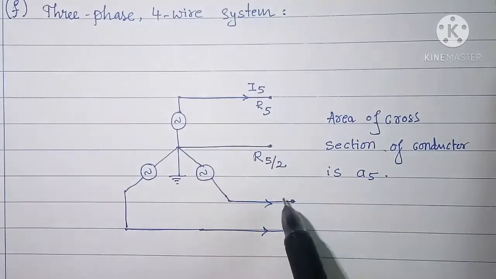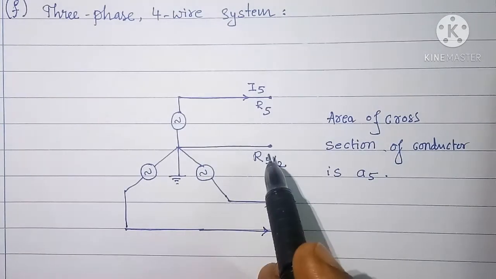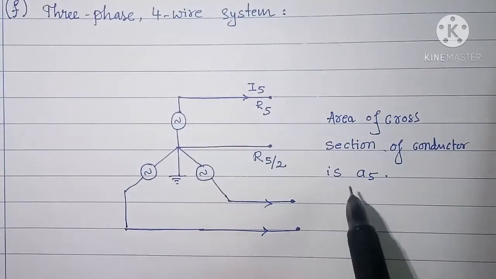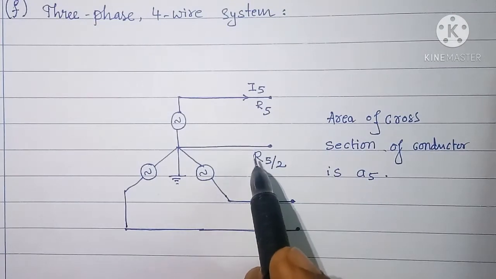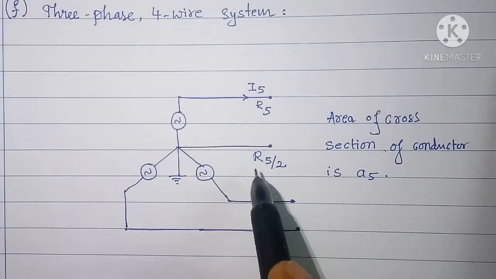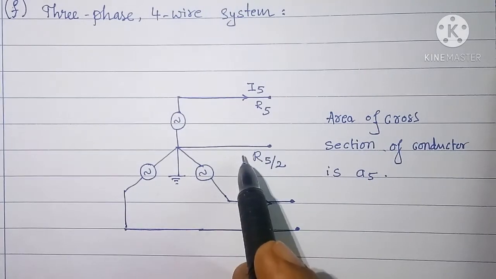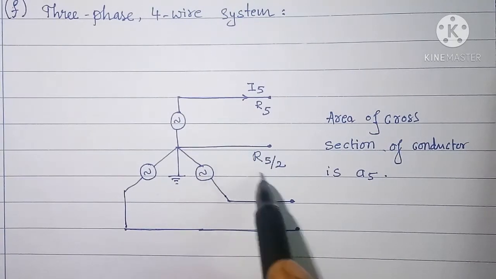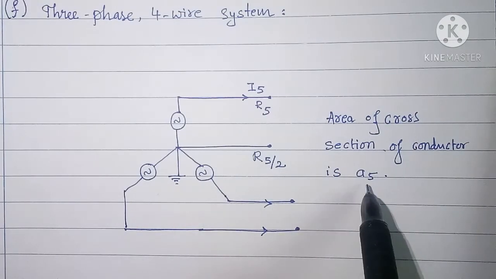Size of all the conductors excluding neutral conductor are equal to A5. Since only when the system is unbalanced, small amount of current flows through this neutral conductor, the size of neutral conductor is kept half of size of each conductors, that is A5 by 2.